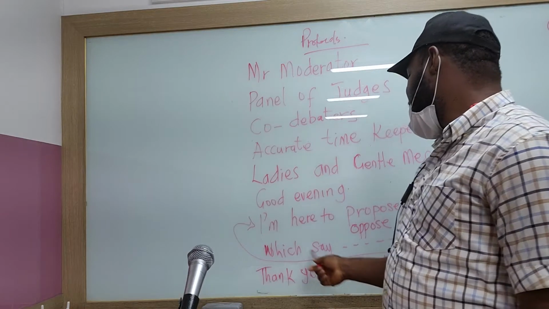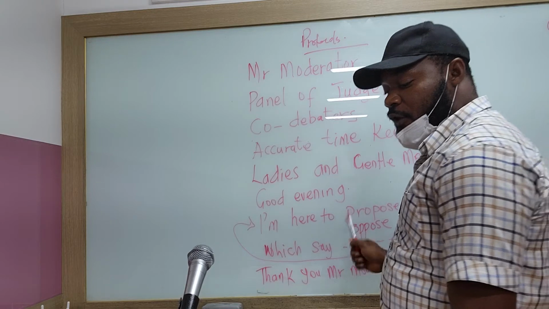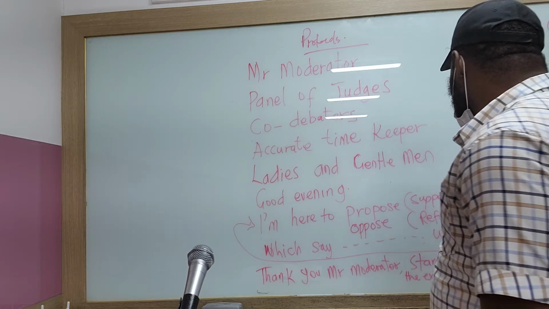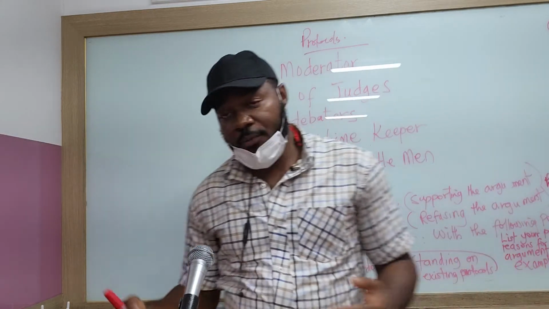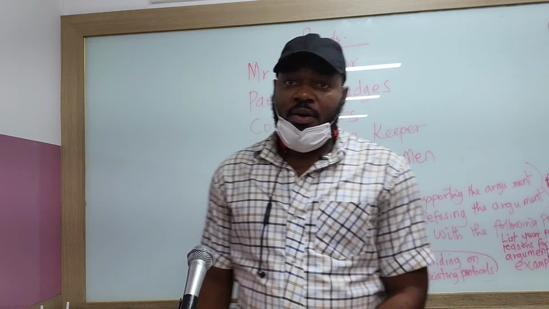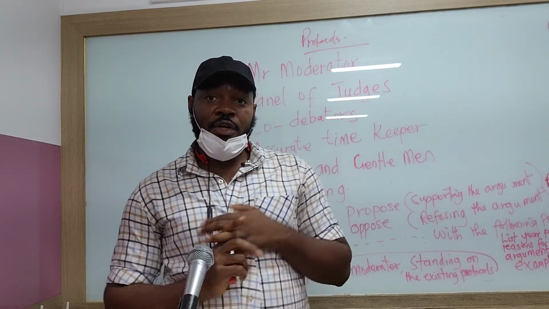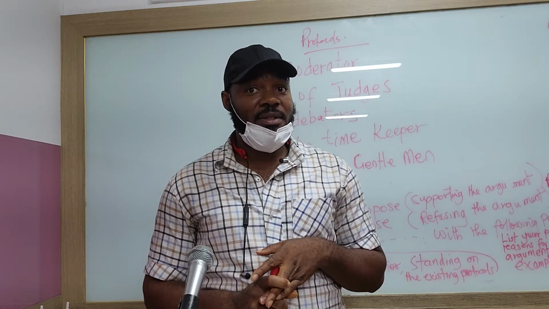The motion which says students would benefit greatly from learning practical subjects at school with the following points. Then you have to list your point like we did in the last class. You have to list your point, which is your argument. You have to give reasons for your argument, and then you have to make an example for your argument.